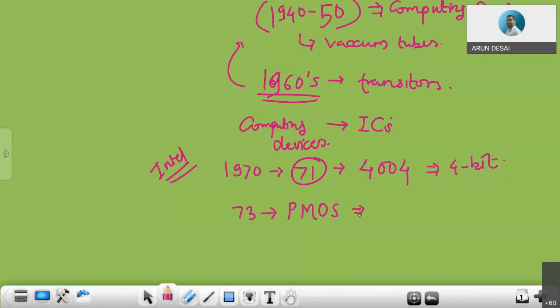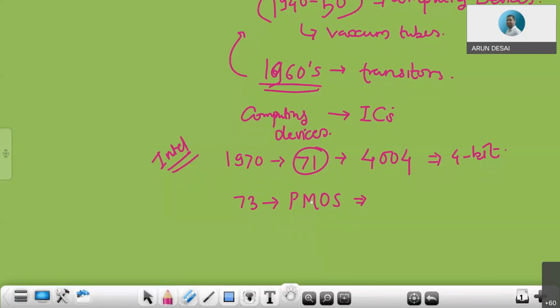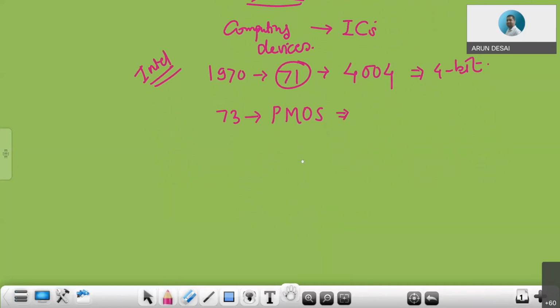invented by Intel, right? Again, there are a few additions over there also. In first generation, we are talking about first generation, right?